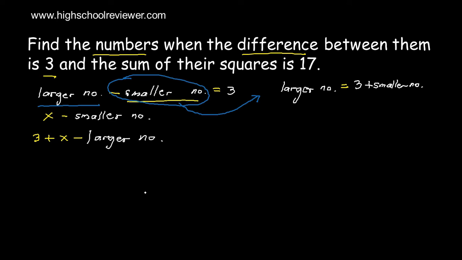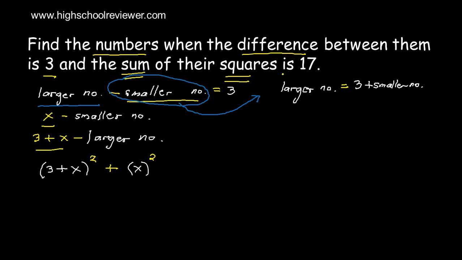Now that we know the smaller and the larger number in terms of x, we can continue reading the problem. Take note: the sum of their squares means we are going to get the sum of the squares of the smaller and the larger number. We have the larger number, the quantity 3 plus x, raised to the power of 2, plus the square of the smaller number, x raised to the power of 2.